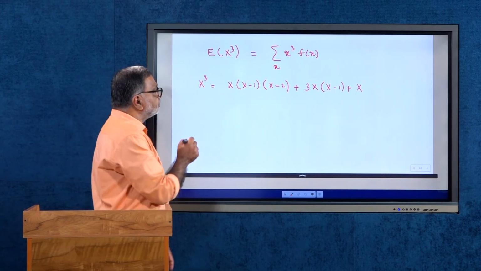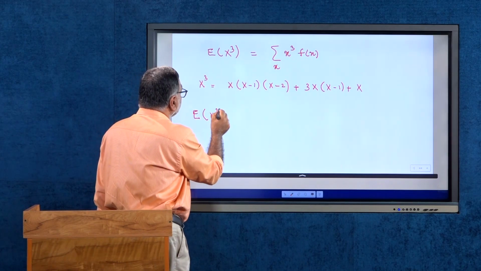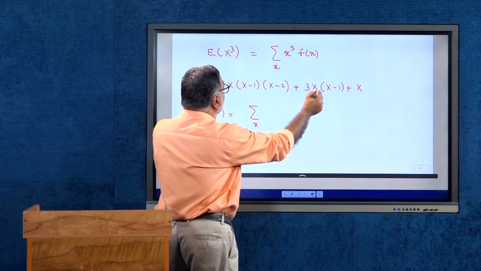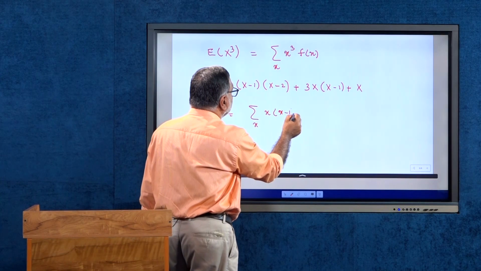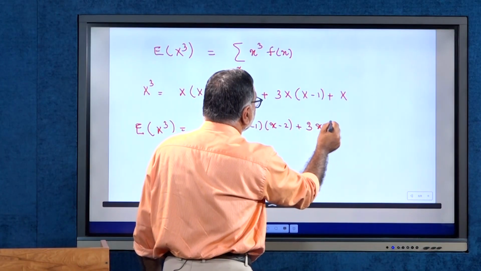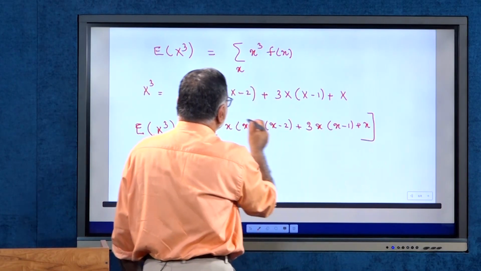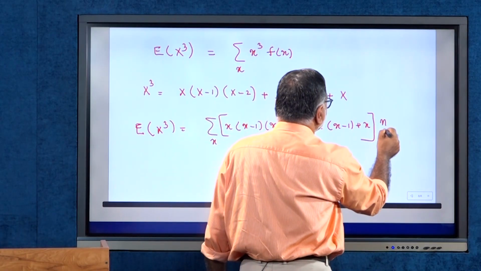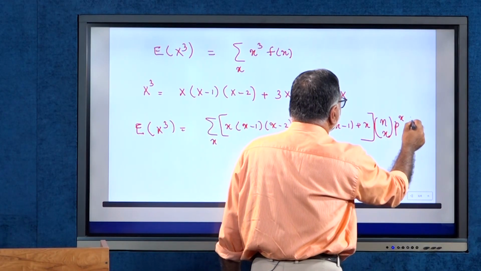So that is expectation of x cubed is equal to sigma over x. Instead of this x cubed, you are writing x into x minus 1 into x minus 2 plus 3x into x minus 1 plus x, that is our x cubed, into fx. Fx is our ncx p power x q power n minus x.